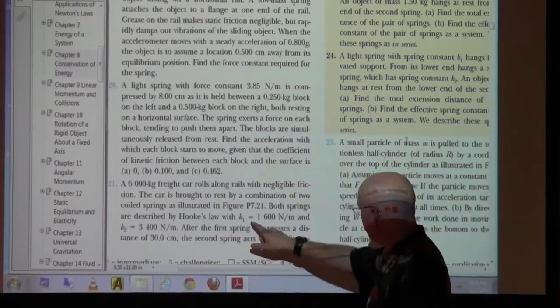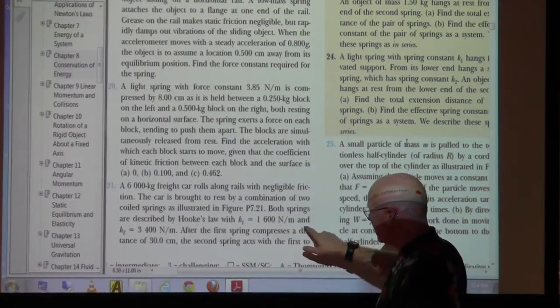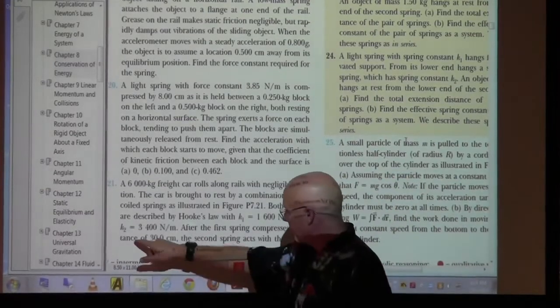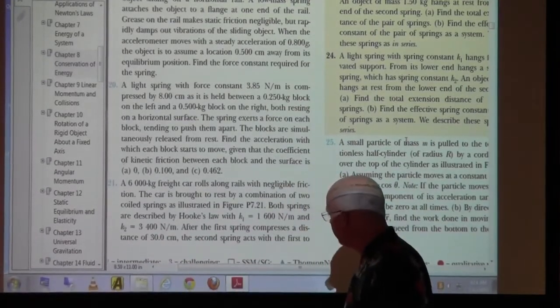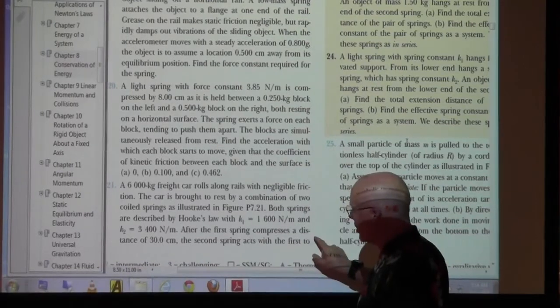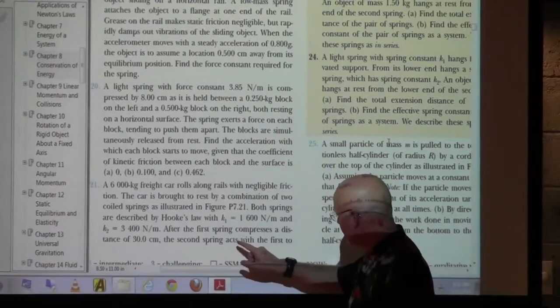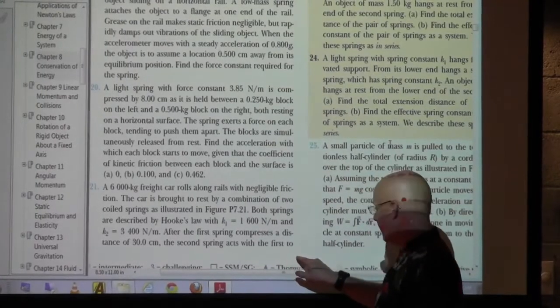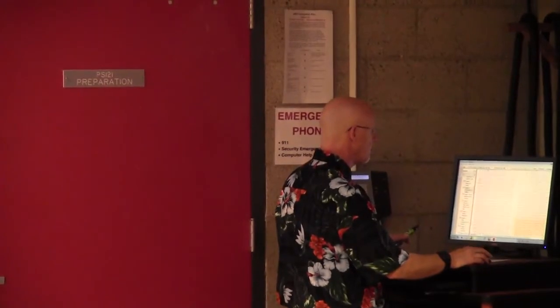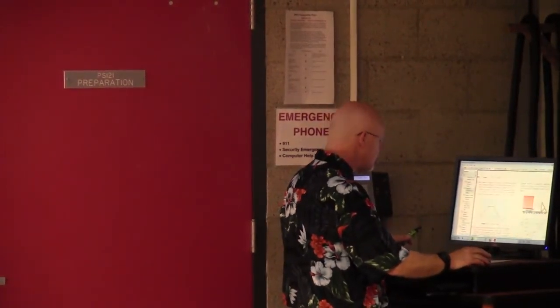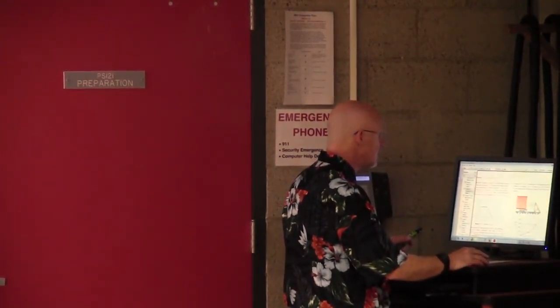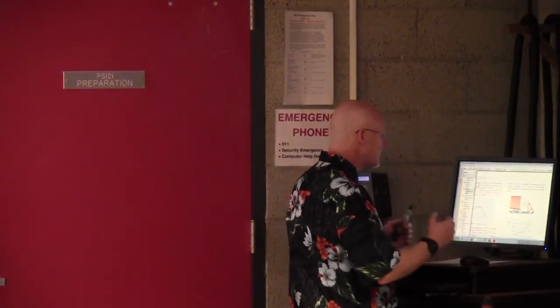The first one has a spring constant of 1600. The other one has a spring constant of 3400. After the first spring is compressed 30 centimeters, it then makes contact with the second spring that acts with the first spring to increase the force, as additional compression is required, as illustrated with the graph.